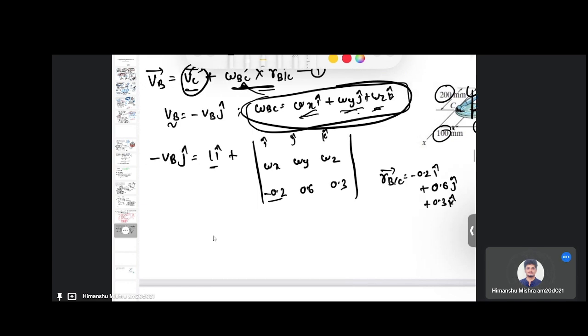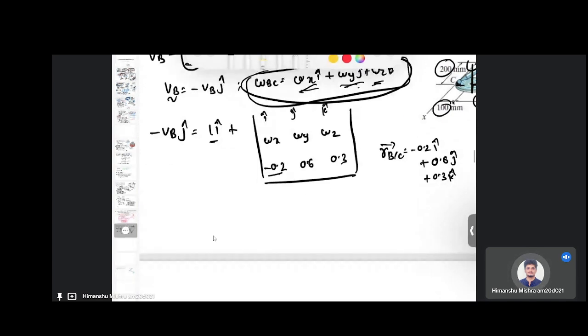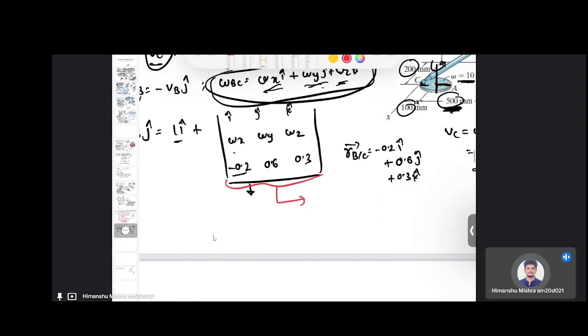So if you solve this matrix, you actually get three equations in terms of omega x, omega y and omega z. Just solve this matrix part only, you will get omega x 0.3 omega y minus 0.6 omega z plus omega y minus 0.2 omega z minus 0.3 omega x.